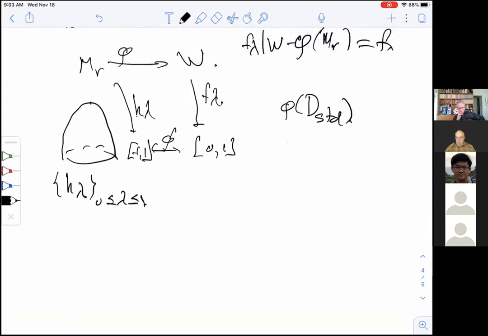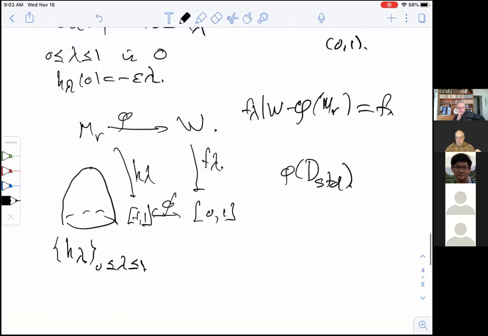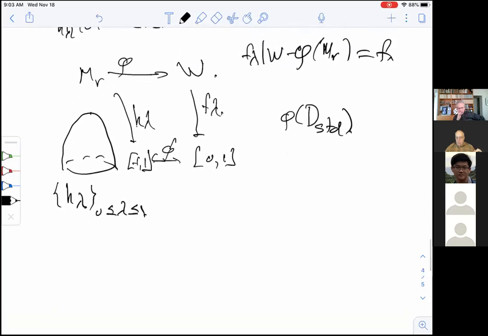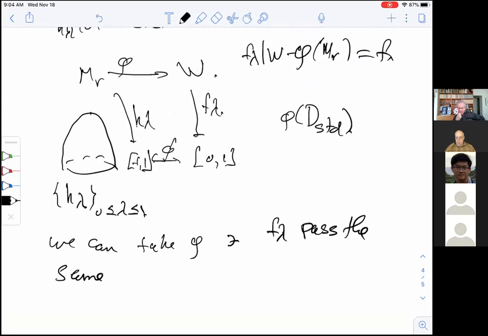So this path is supported exactly on the image of M. And if the descending manifold passes all the critical levels, we can take phi, without changing the image, just by operating with a self-diffeomorphism of M, such that F lambda passes the same however many P critical levels.